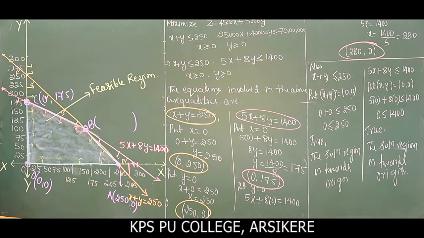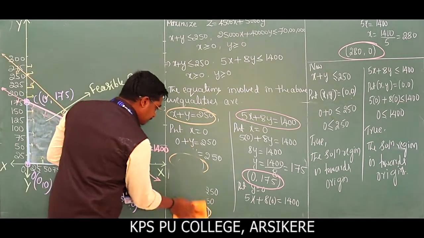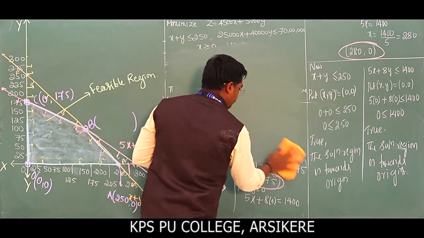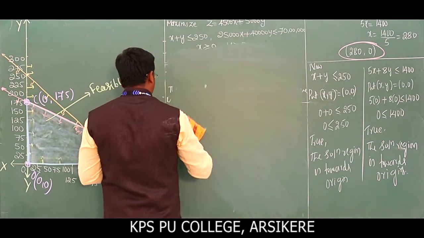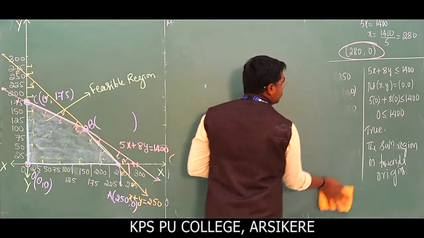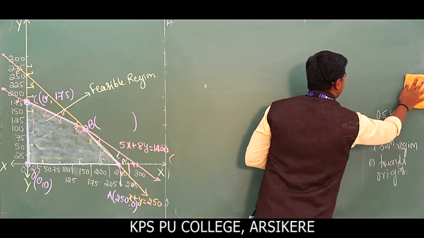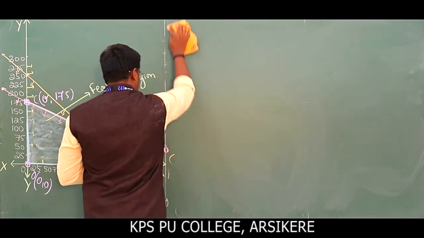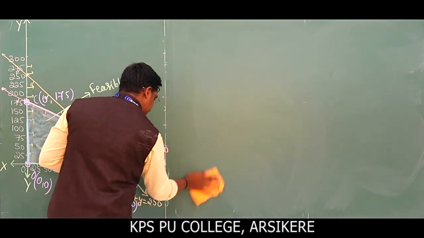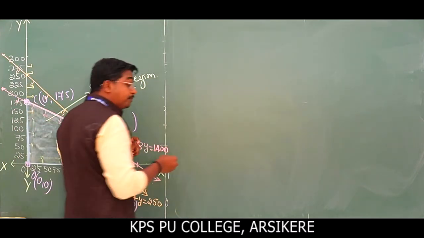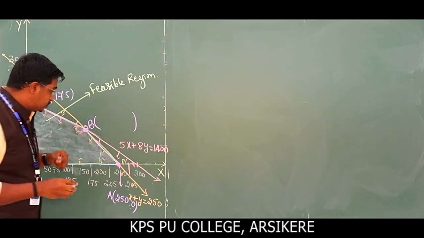Now find the point B. So point B is the point of intersection of these two lines.